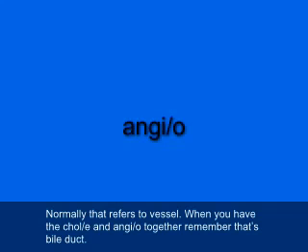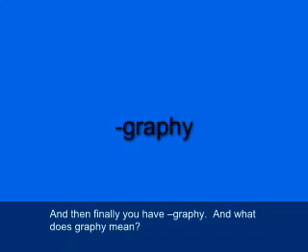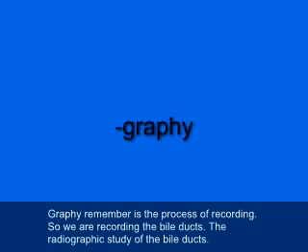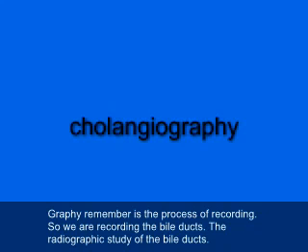When you have the chole and angio together, chole-angio, remember that's bile duct. And then finally you have graphy, G-R-A-P-H-Y. And what does graphy mean? Well, graphy, remember, is the process of recording. So we're recording the bile ducts, a radiographic study of the bile ducts.